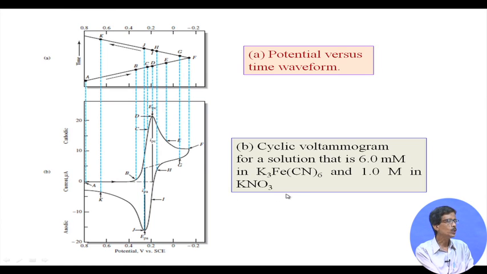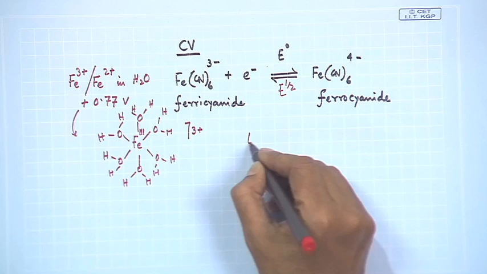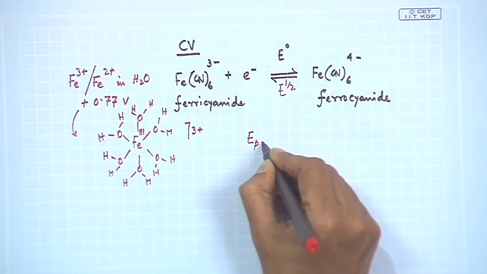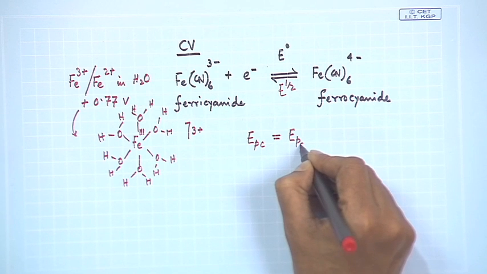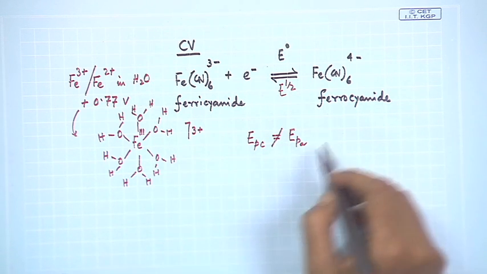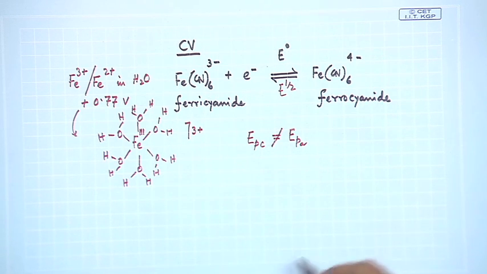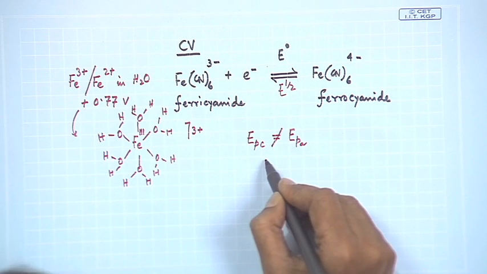So, how do we know these things? That means how we can correlate, because this EPC is not equal to EPA. So, whatever we got there, that means EPC and EPA, which is not equal. So, when we scan in the forward direction, then we go for the backward direction, we get something giving you some delta.